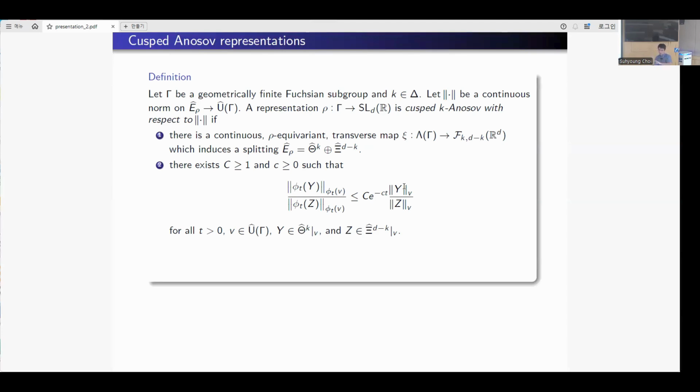You require that the ratio of these two norms must be contracting exponentially. So this is what a cusp P_k north-south representation is.